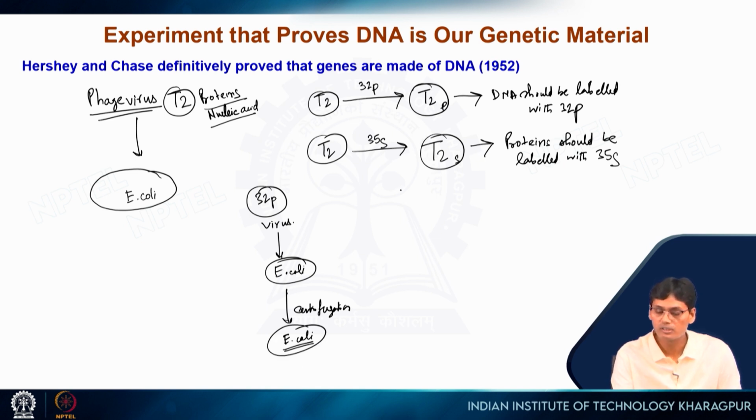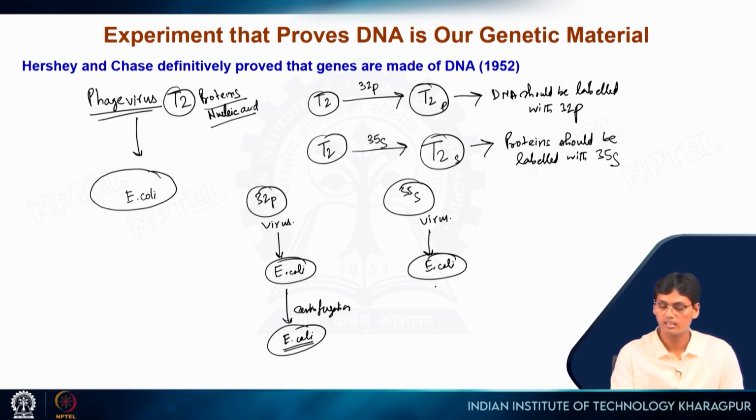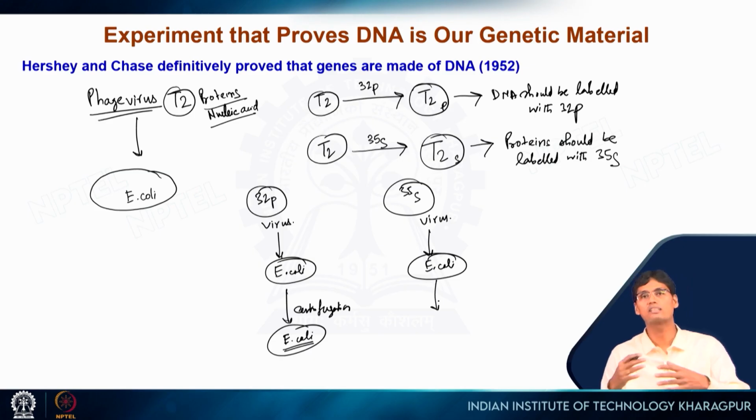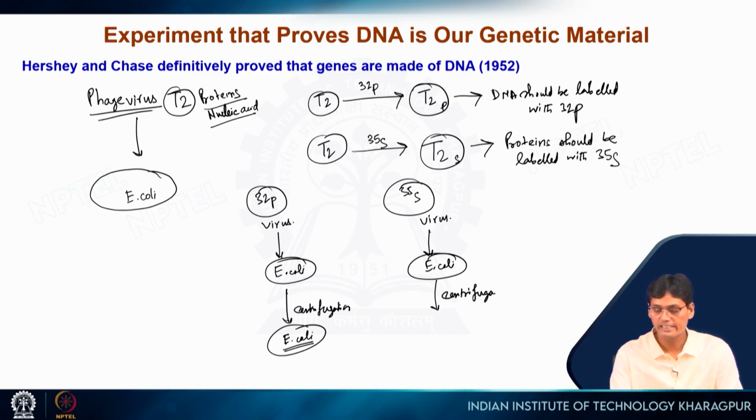But when they used 35S-labeled virus and infected E. coli, similarly after a few minutes they shook the solution to remove the virus still stuck to the surface of the bacteria, and then carried out centrifugation.